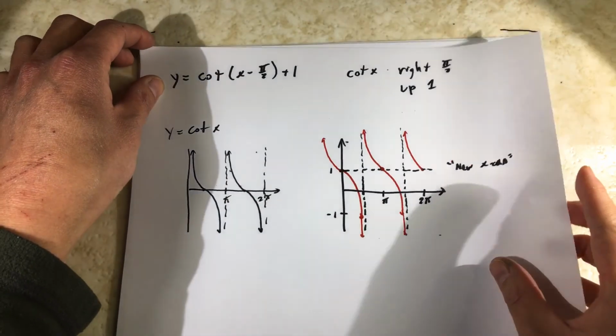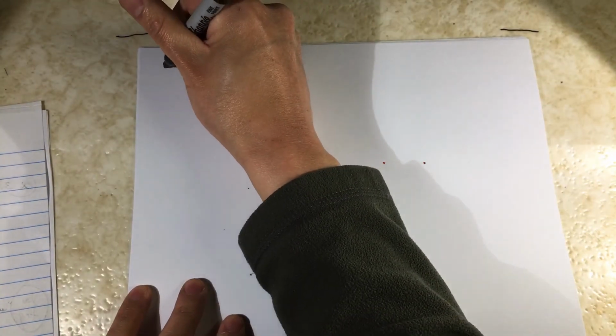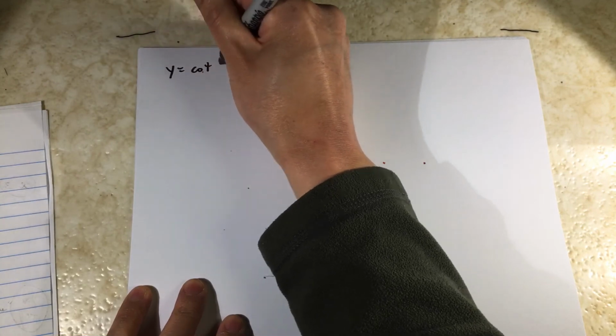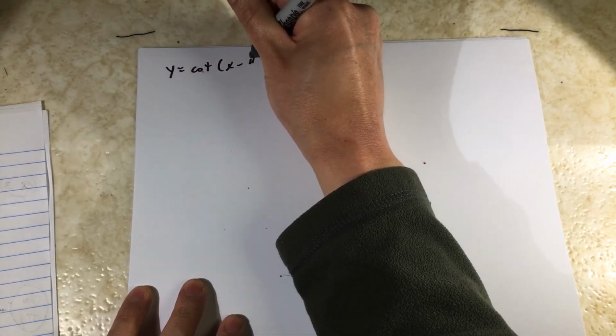So most of your homework is these kinds of problems. I'll give you a couple to try now that I'll go through. The 3 I want to give you are y equals cotangent of x minus pi over 2.